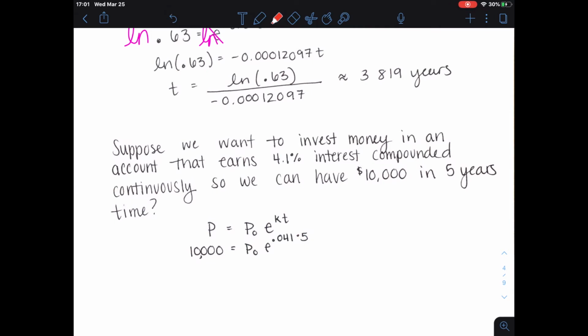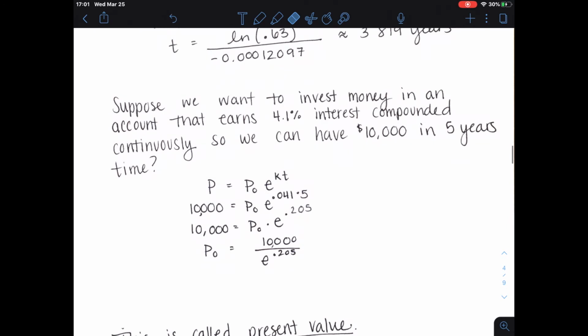So we need to solve for this initial amount. If you multiply those exponents, that's just e to the 0.205. And if you go ahead and move the e over, you're going to get that the principal amount you have to invest is 10,000 divided by e to the 0.205.